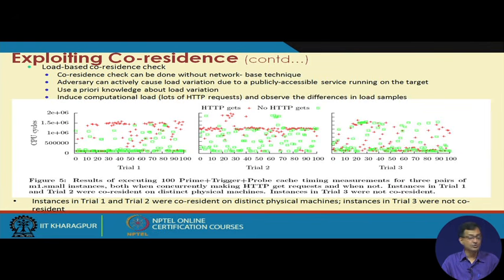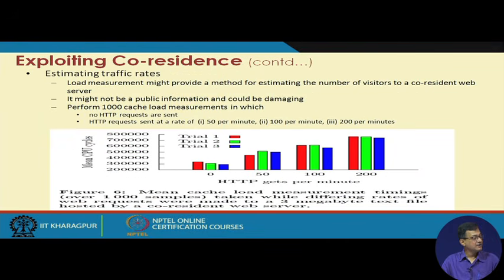Here they have shown with the experiment that trials 1 and 2 were co-resident, while on distinct physical machine instances, trial 3 was not co-resident. If you look through the paper, it has also been shown how traffic rates are estimated, what sort of traffic there is with no HTTP and with an HTTP connection and so forth. These are the figures and data taken from that particular research article.